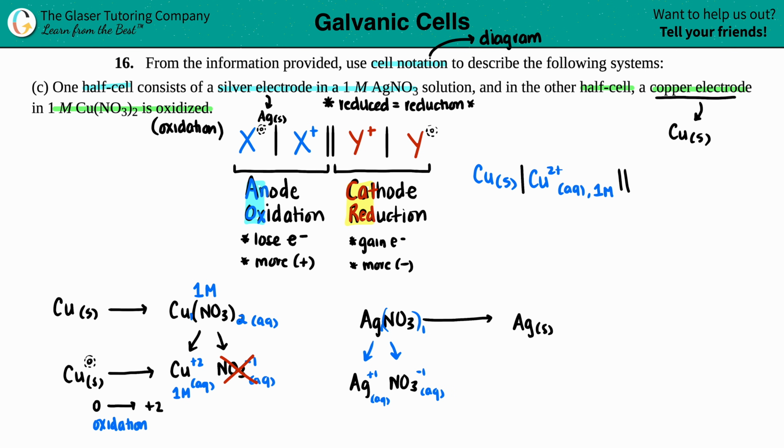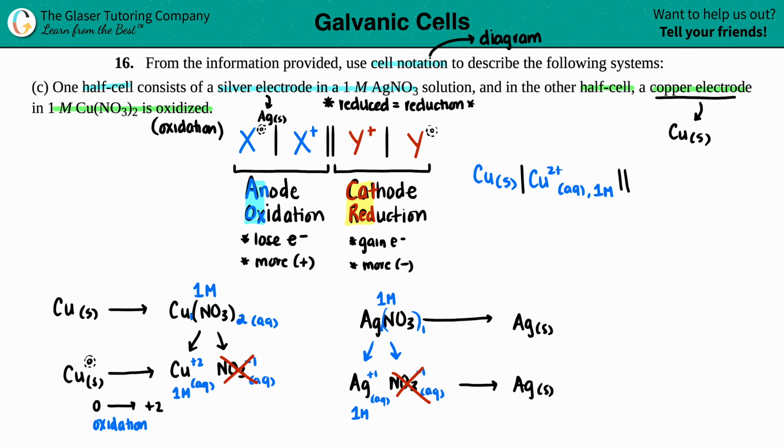And as we see again, the nitrate isn't doing anything, doesn't change oxidation states. So all we have now is the Ag+1 turning into the Ag solid. They gave us a molarity. It was 1 molarity. So that trickles down. If I have 1 Ag and 1 AgNO3, this would be 1 molarity as well.